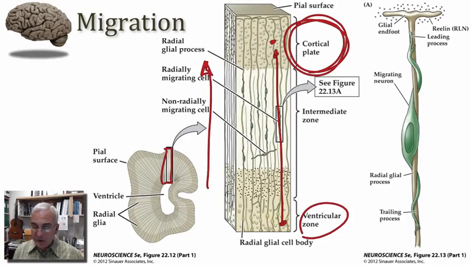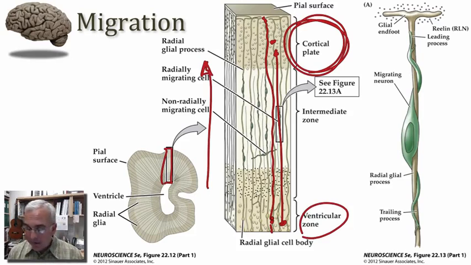We call this the radial glial cell. So these are essentially precursor cells now that continue to maintain their contact between the pial surface and the luminal surface of the developing neural tube. And this long extended process becomes a pathway for the migration of the neuroblast.